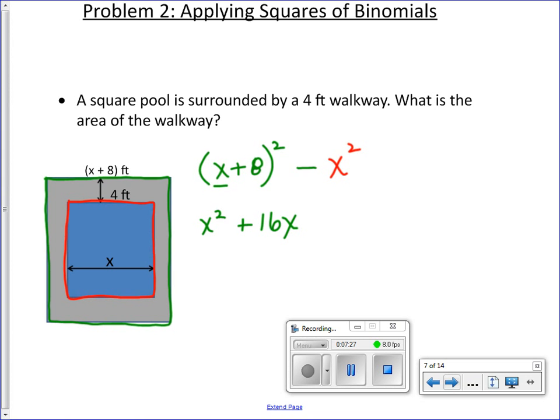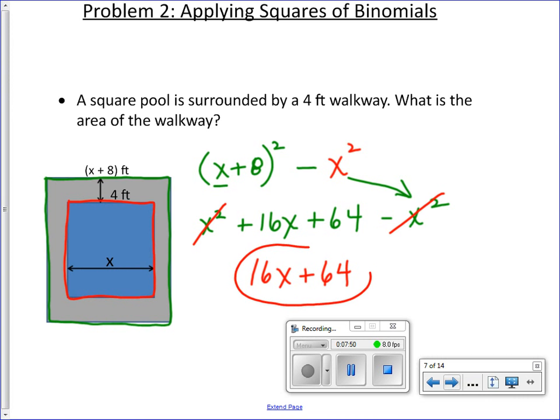And then our last term squared, 8 squared, is 64. And then we want to subtract out the smaller square. All right, well, x squared minus x squared cancels each other out. So we are left with 16x plus 64, and that would be our answer. That would be the area of the walkway, which would be left.